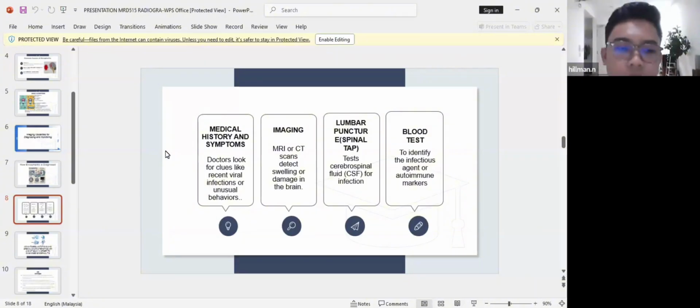Changes in this fluid can point to infection and inflammation in the brain. Sometimes samples of cerebrospinal fluid can be tested to identify the cause.